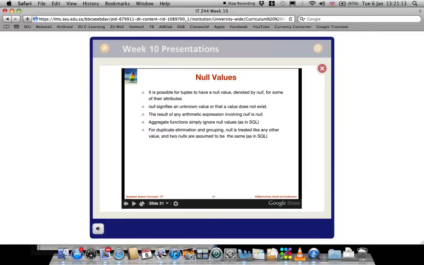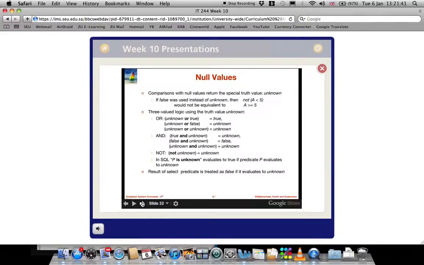Null values are also important. I think you studied in Java that null means we have no value. In the database, null could mean that there's no value, and it could also mean a missing value or an unknown value. Either way, we call this a null value. So you need to know what null value means.